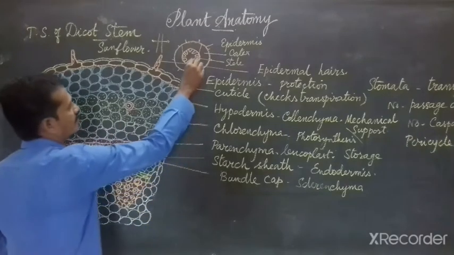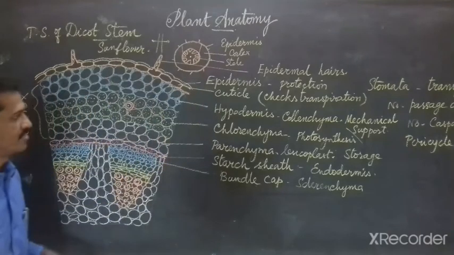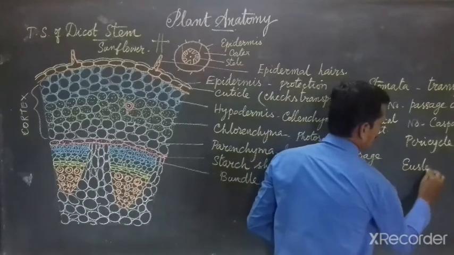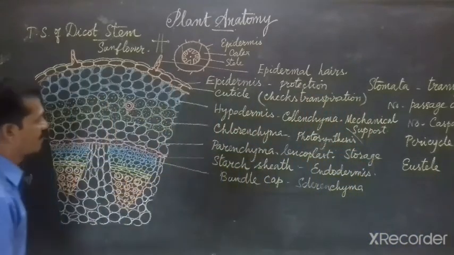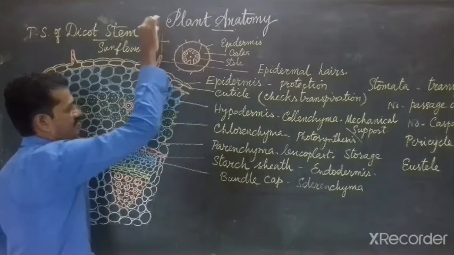Here, the vascular bundles surround the pith like a ring, so it is called eustele. Eustele is present in the dicotyledon. That means the vascular bundles are arranged like a ring around the pith.